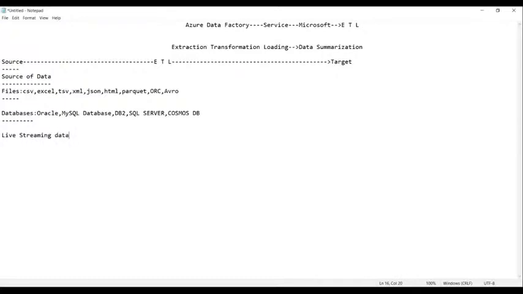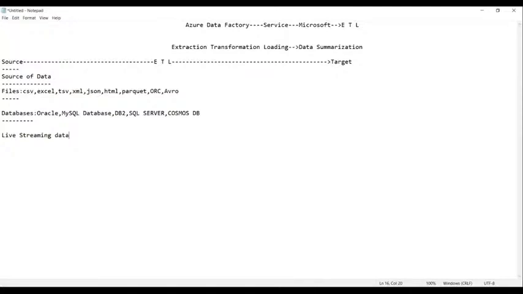So what do you understand by live streaming data? Take the stock market. Have you ever seen how it works? The values change every second or every minute. The session is live.